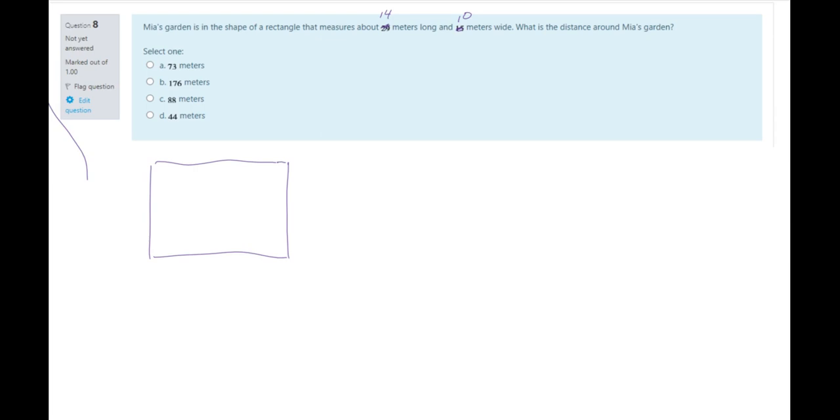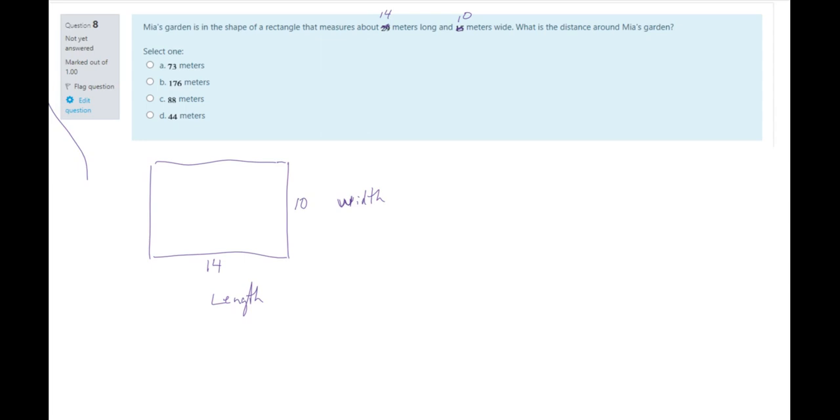Rectangles always have a long side and a short side, and we call them the length and the width. It doesn't really matter which you call which, but one side is going to be a certain length, the other side's another length. So I'm going to put the long one here and the short one here.